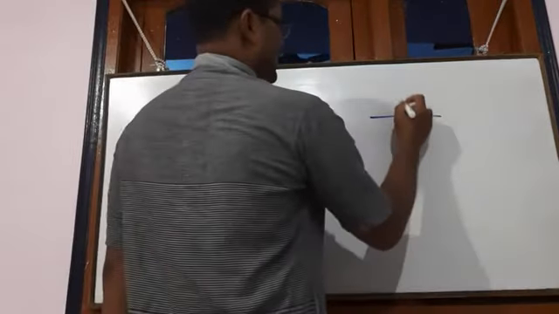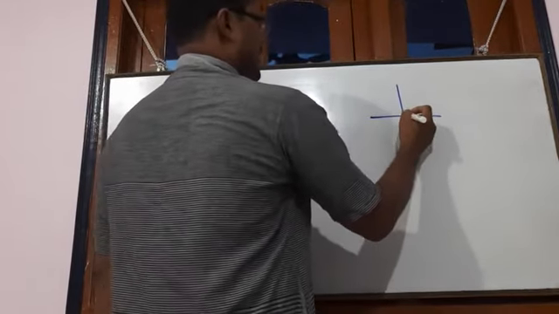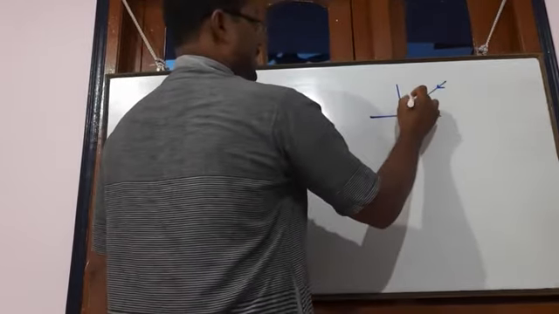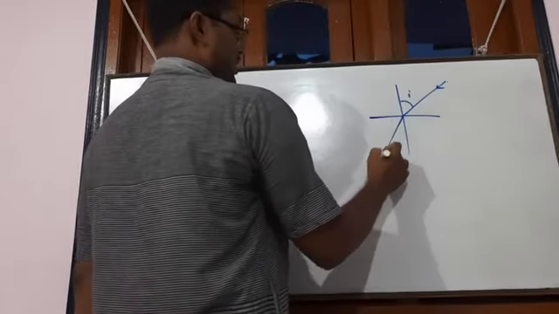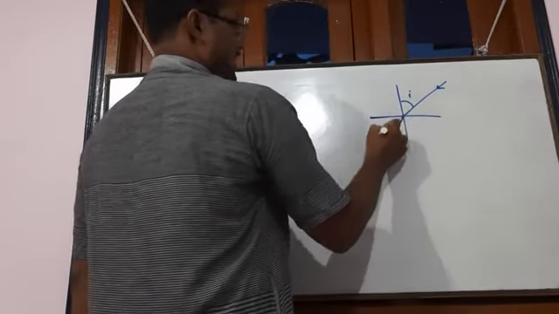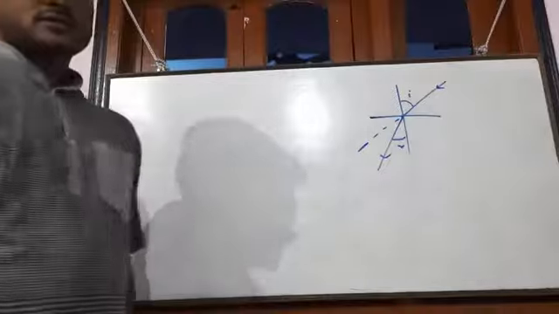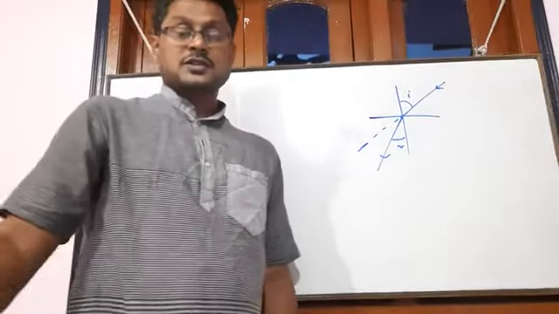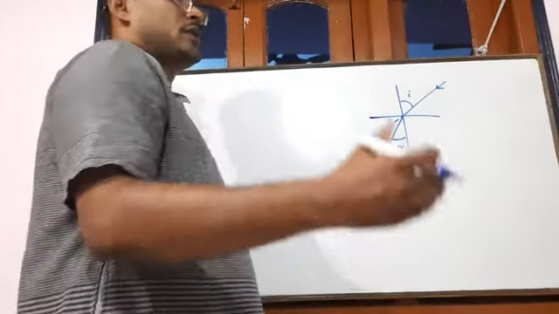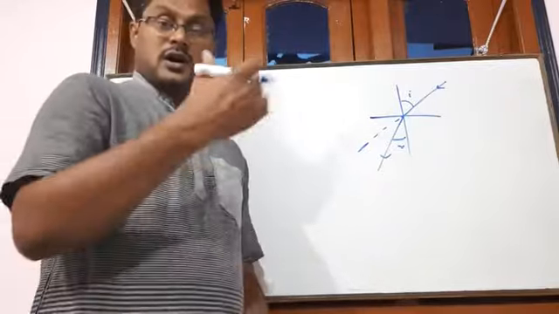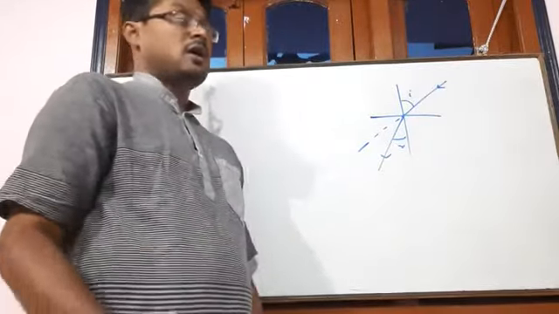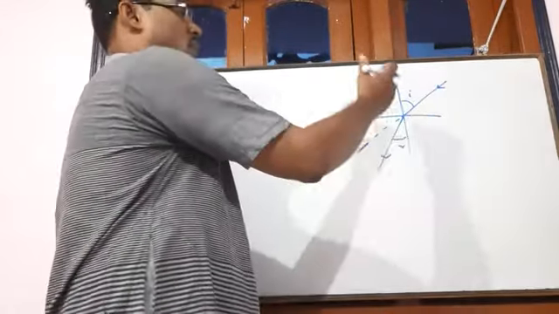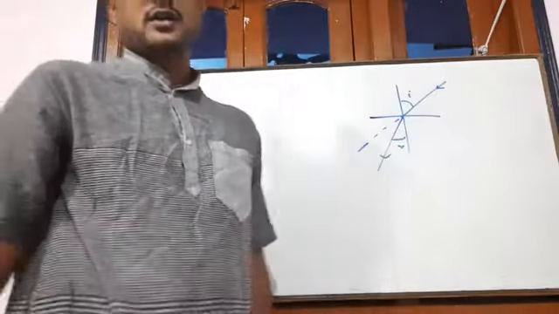This is a medium, a light ray is incident here at an angle I and refracted. This is R. So this is the initial direction, and it bends. You know which direction it will bend. From rarer to denser, it will bend towards the normal, and when it goes from denser to rarer, it bends away from the normal.